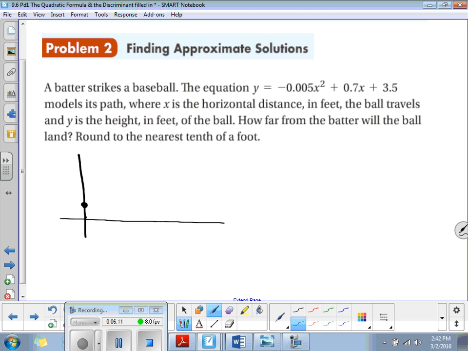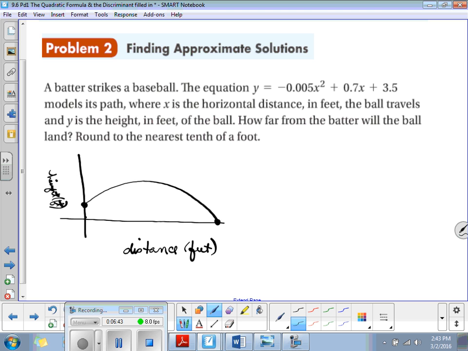It's not going to be down on the ground. So x is the distance in feet, and y is the height. As the ball gets further away from where it's thrown, it goes higher and then lower, right? So the ball gets thrown, and then it's just going to land on the ground.